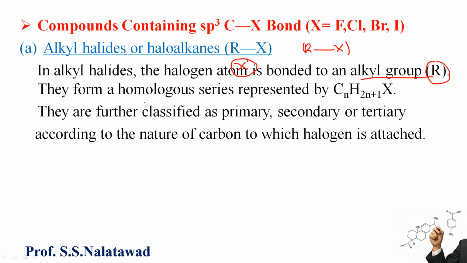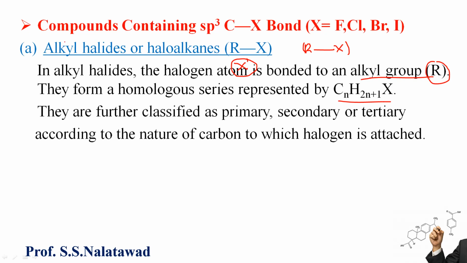They will also form a homologous series represented by CnH2n+1X. Here number of carbon atoms is n and number of hydrogen atoms is 2n+1 and X is the halogen atom.